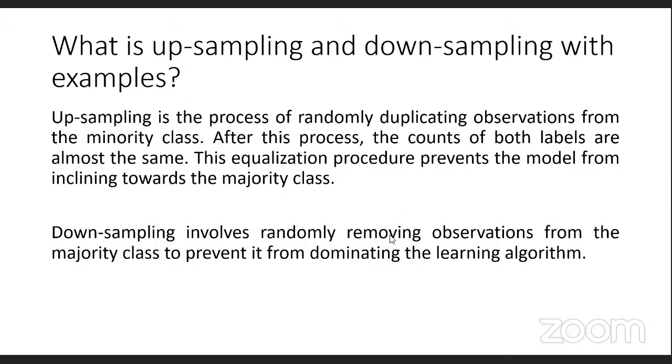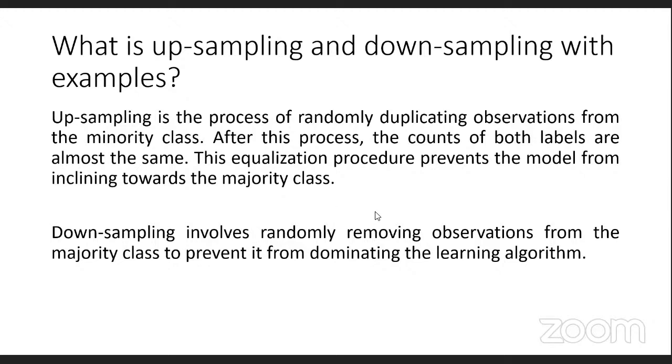In order to make the data balanced, we will do upsampling and downsampling. We have only 10% cancerous, so we will duplicate those 10% values such that it will be equal to the 90% there.